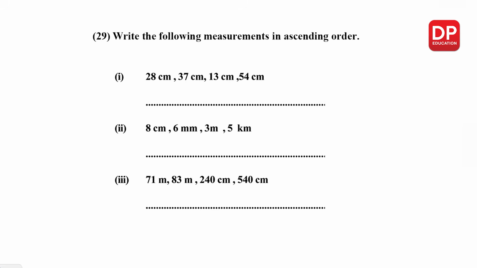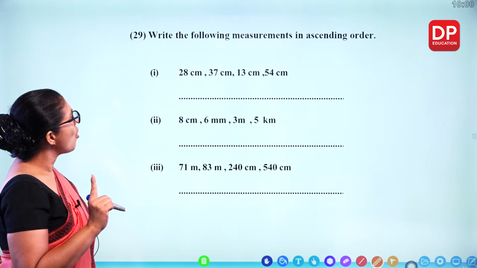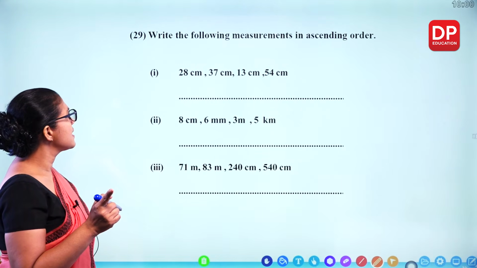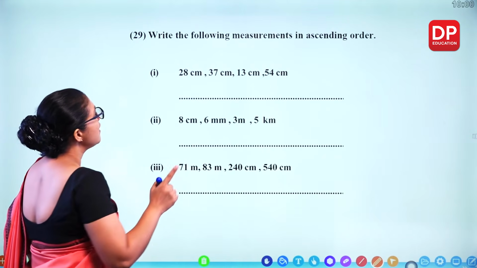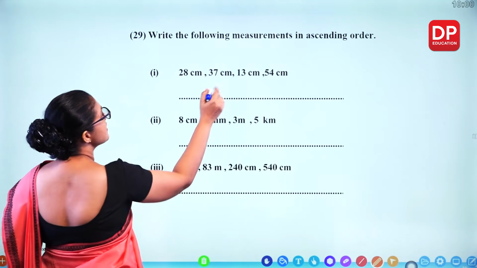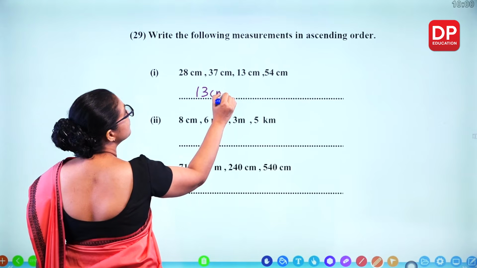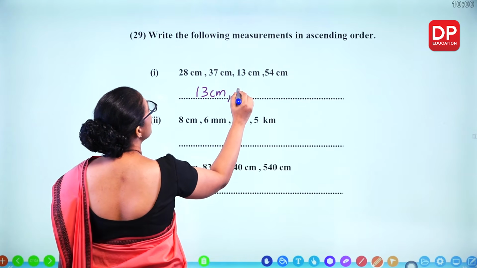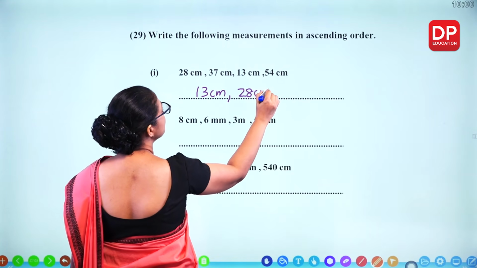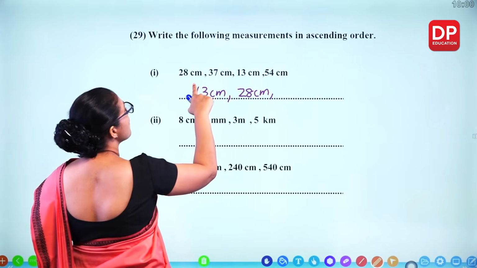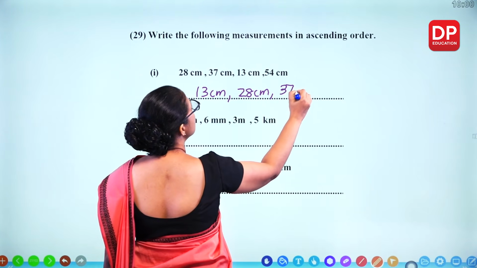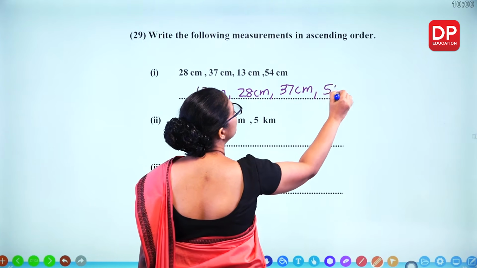Write the following measurements in ascending order. You have to look at the units, all units in centimeters. So we can straight away find out the smallest is 13, then 28, 37 and 54.